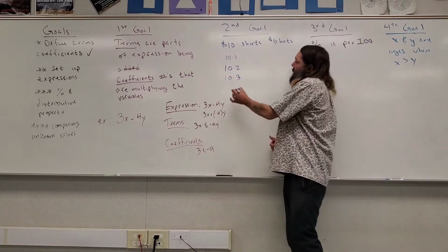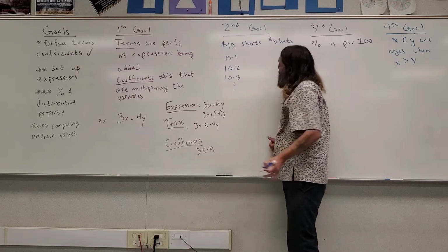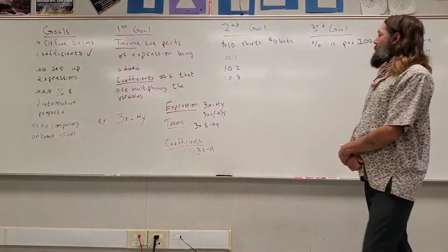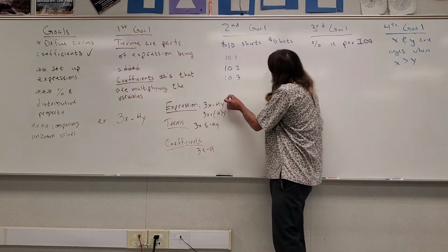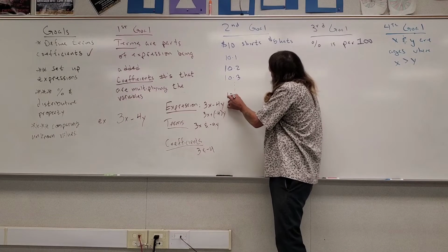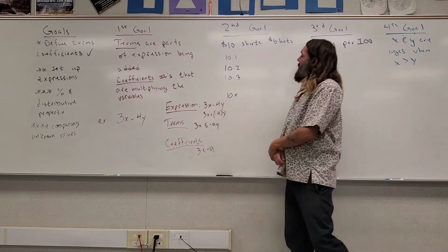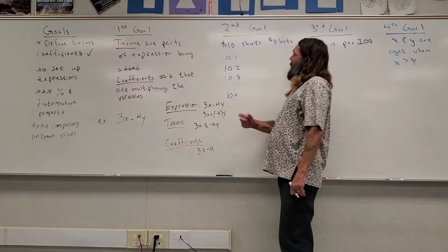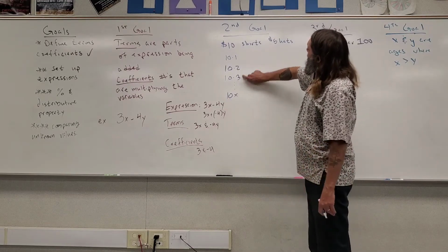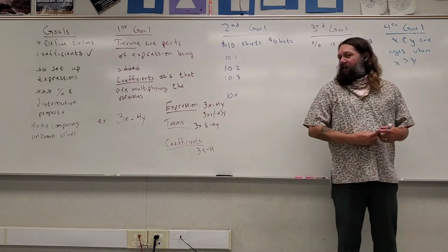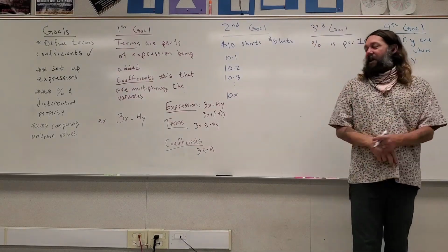Now, if I was to, let's say, buy an arbitrary amount, let's say I bought an X number of shirts, right? I would say that it would be 10X. So this would represent how many shirts I bought at $10, but that actually represents how much I spent buying X number of shirts.